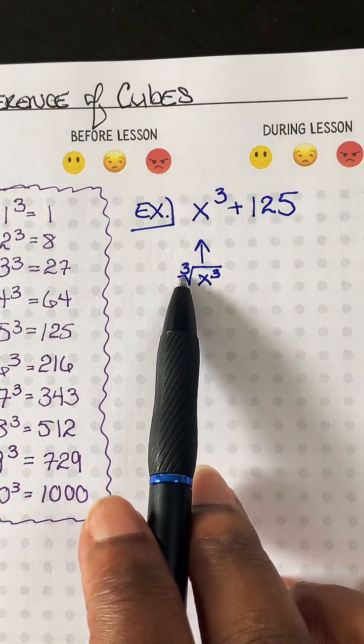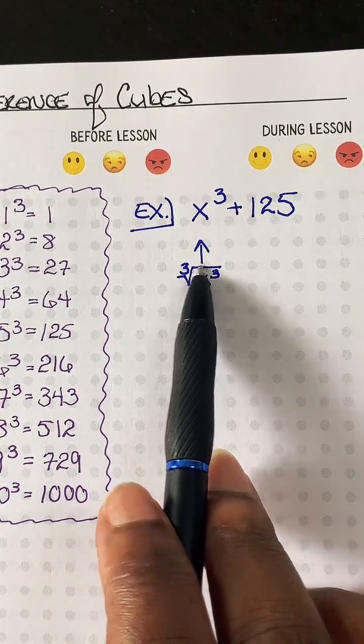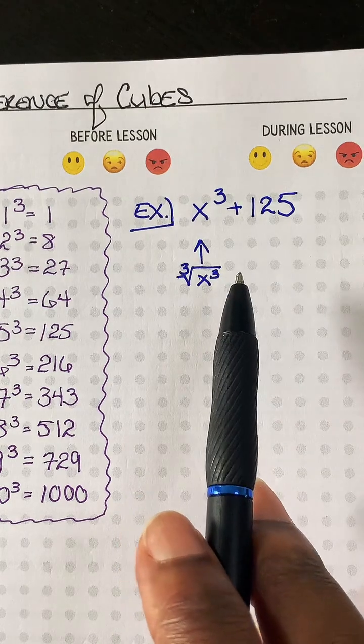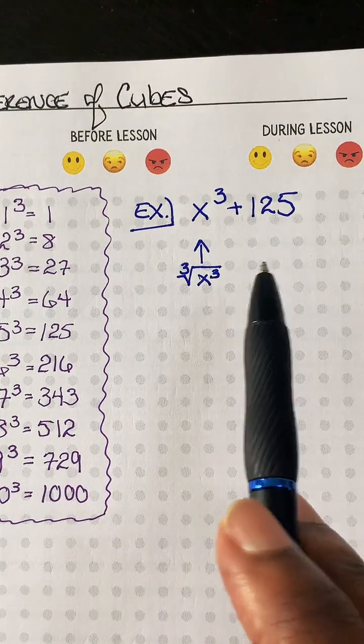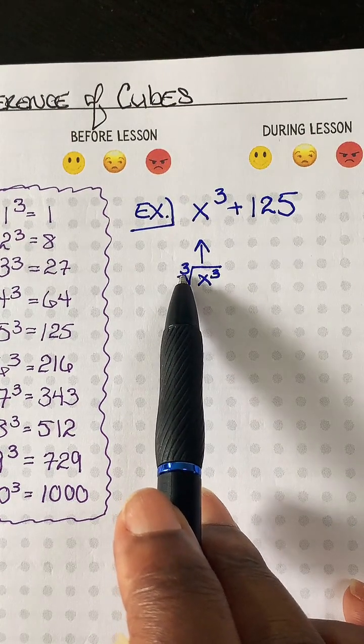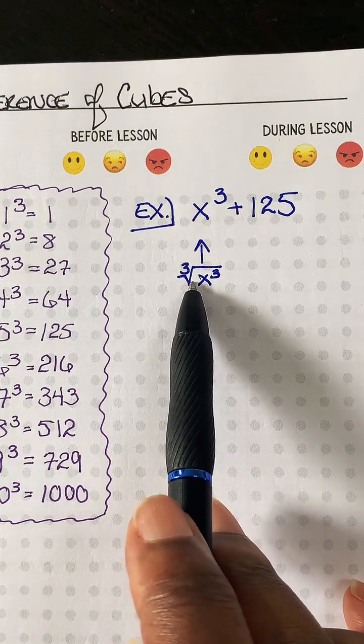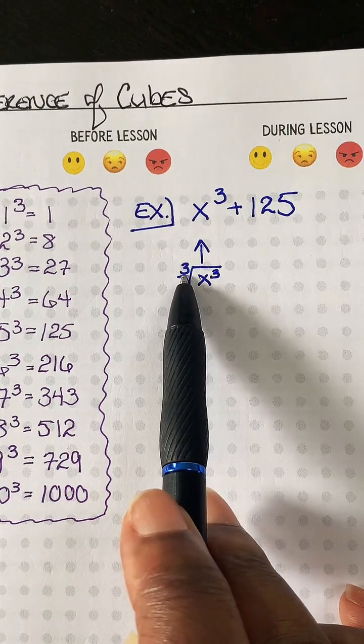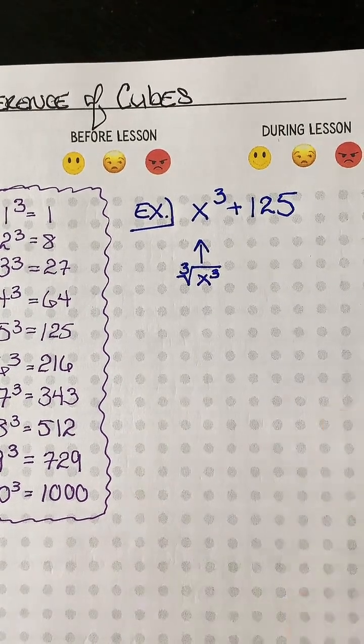So this index will tell you what type of root we're dealing with. Sometimes you probably see it on your calculator. If you're using your iPhone, there's usually a 2 here to indicate a square root, or a 3 will be here to indicate a cube root.